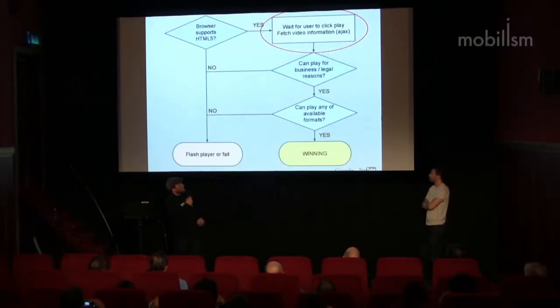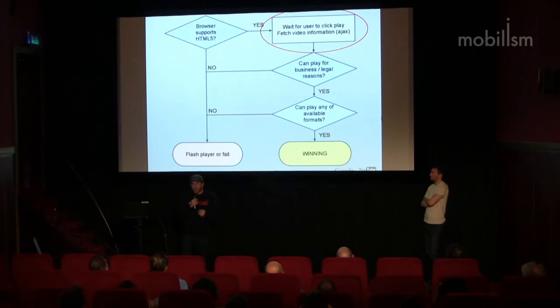Basically, we wait until the user clicks in order to fetch all this information: what source, what streams they can play, H.264 and WebM and so on. This is because most of them don't get clicked on and don't get played. So when that information returns, that thread is not going to be user initiated. If we were to just try to call play at that point, it wouldn't work.